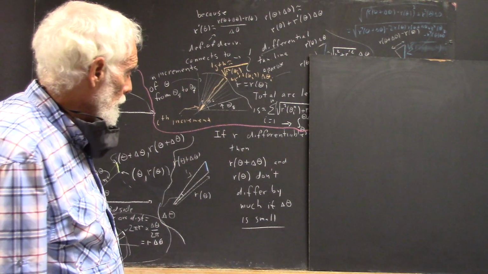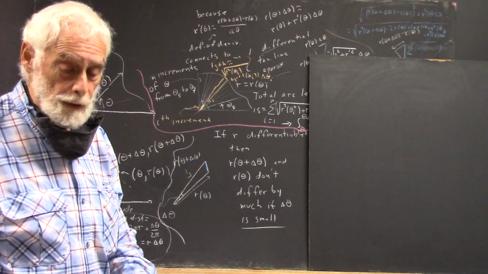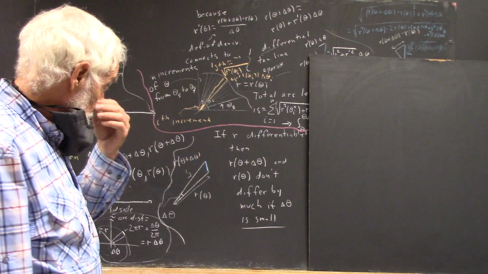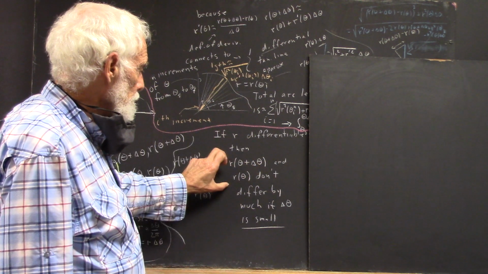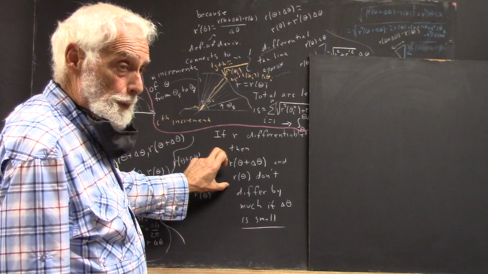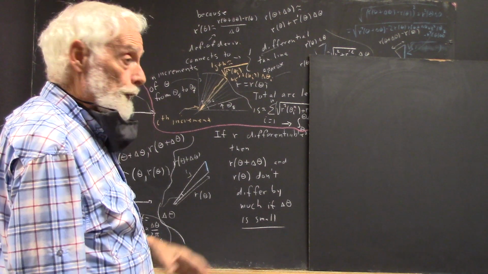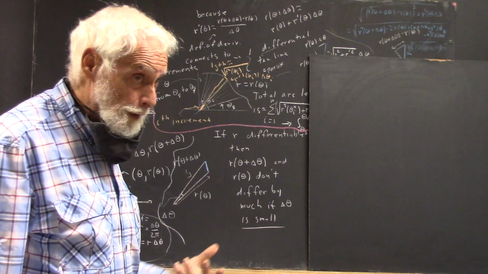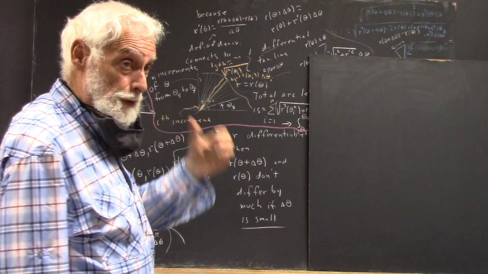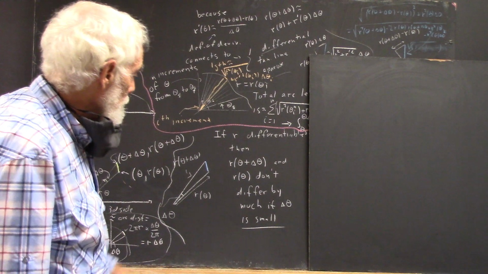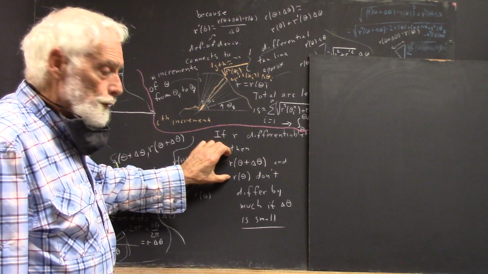So think about how the definition of differentiability, the definition of the derivative, ensures that if the function is differentiable, these two don't differ by much. Now, if the function's not continuous, it's not differentiable. So these two could differ by quite a bit if the function isn't continuous. But if it's continuous, it follows that these two don't differ by much.